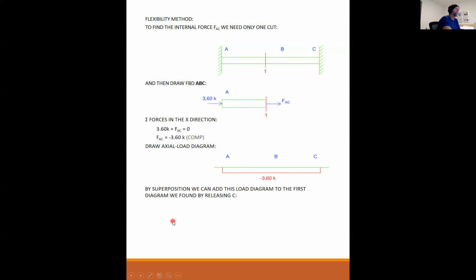Now, to finish up the problem, by superposition, we can add this load diagram to the first diagram we found by releasing C. So this was the first diagram we found. This is the second diagram that we found. And adding the two together, I get 6 minus 3.6 is 2.4. 0 minus 3.6 is minus 3.6.